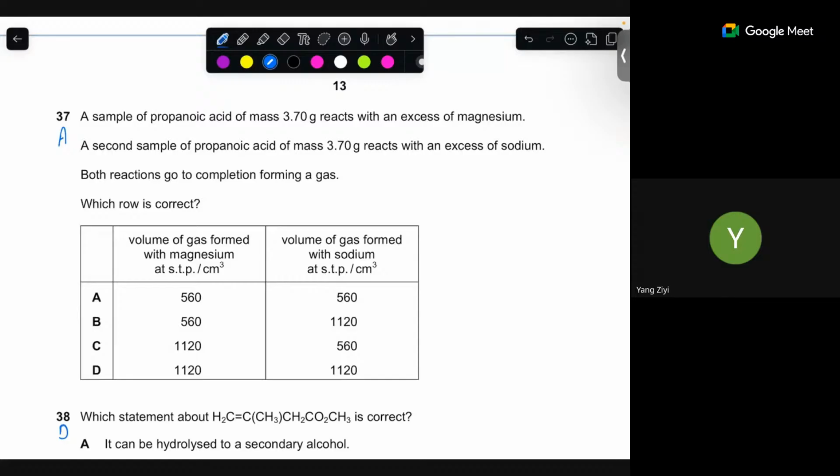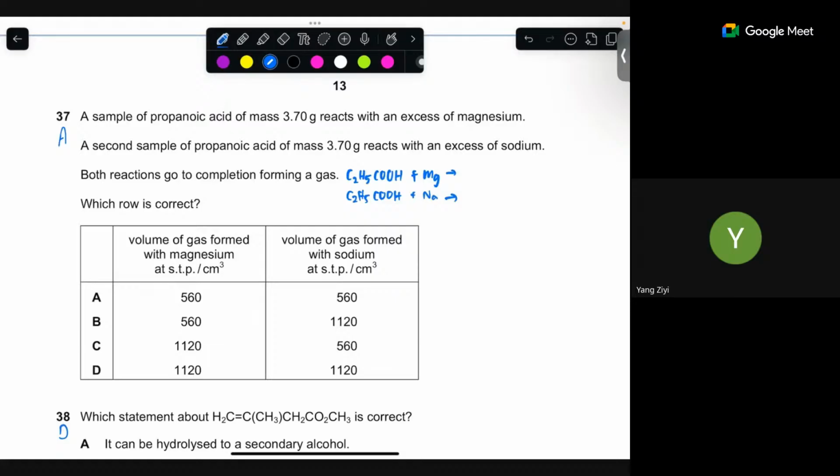So propanoic acid is C2H5COOH plus magnesium, C2H5COOH plus sodium. Now the difference over here is Mg is 2 plus.